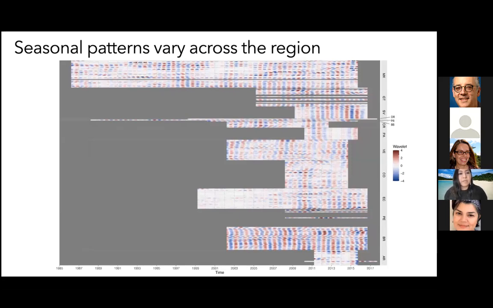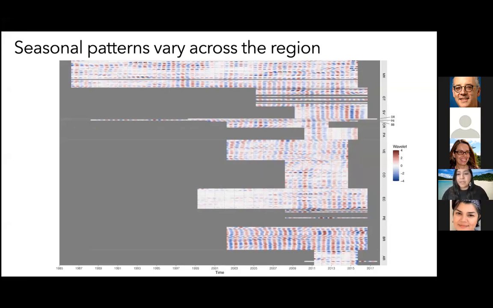So this figure here is showing what those seasonal patterns look like across the region and over time. As you'll notice, there's a fairly strong seasonality within all of these countries, and even fairly synchronized within sub-regional sections.